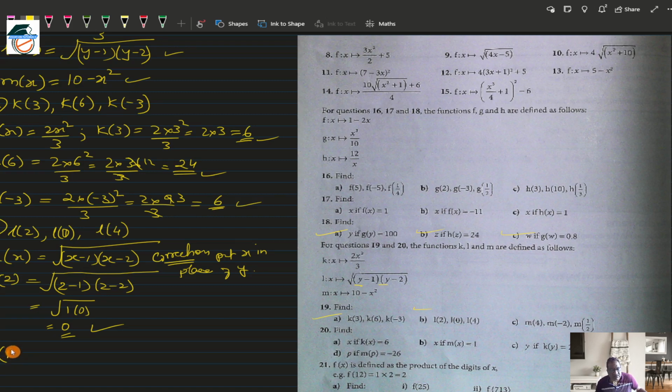So L of 0 will be square root of (0 minus 1) times (0 minus 2), which is minus 1 times minus 2, which is equal to 4, which is equal to 2.